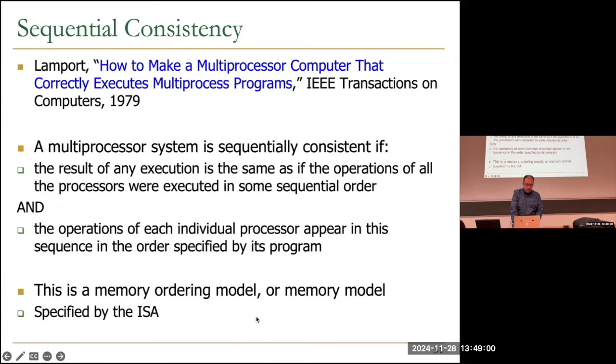So this is actually a memory ordering model, or memory model, people call it, and it's specified by the ISA. But how the microarchitecture implements that model is another issue here. So now we know that this is a model, and once we obey this model in the microarchitecture, then our multiprocessor is sequentially consistent.